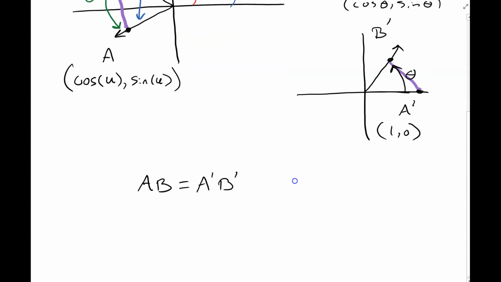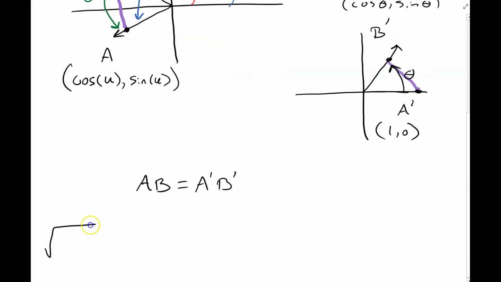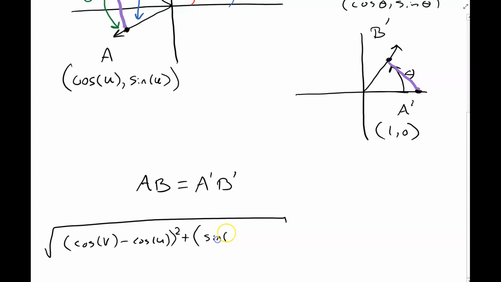So if I go and do this for AB, I'm going to have the square root of cosine V minus cosine U, squared, plus sine V minus sine U, squared.